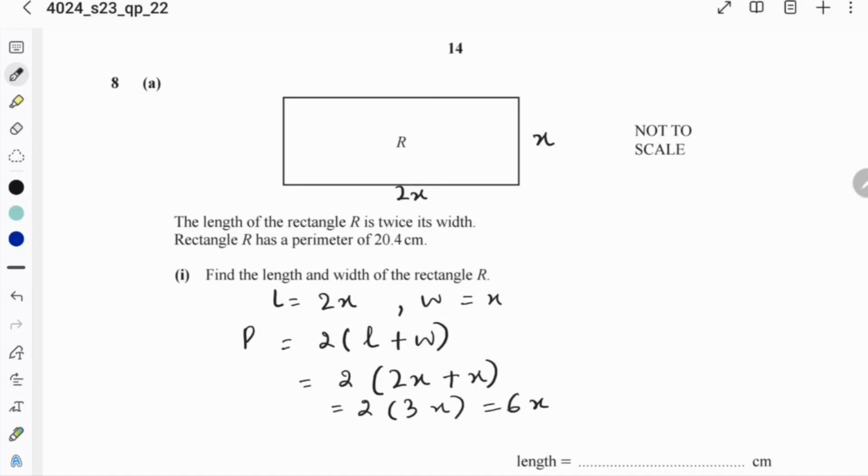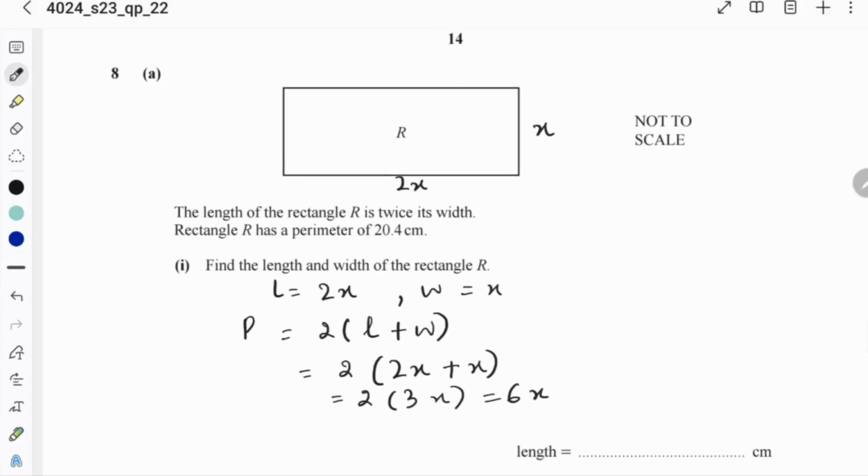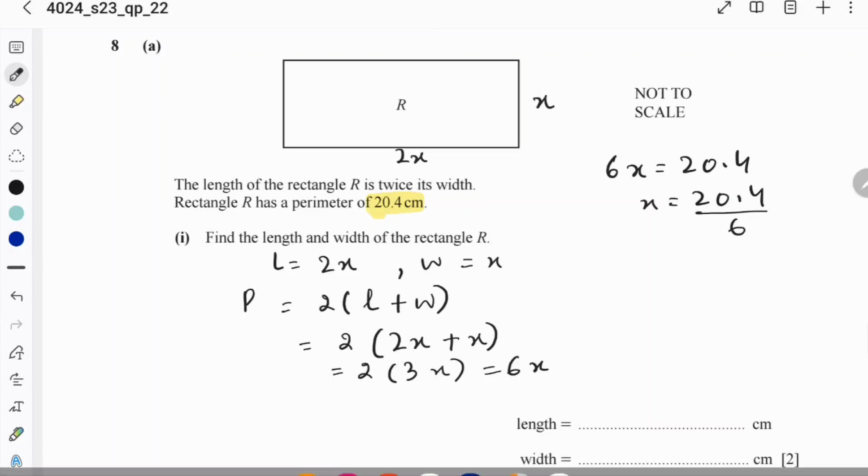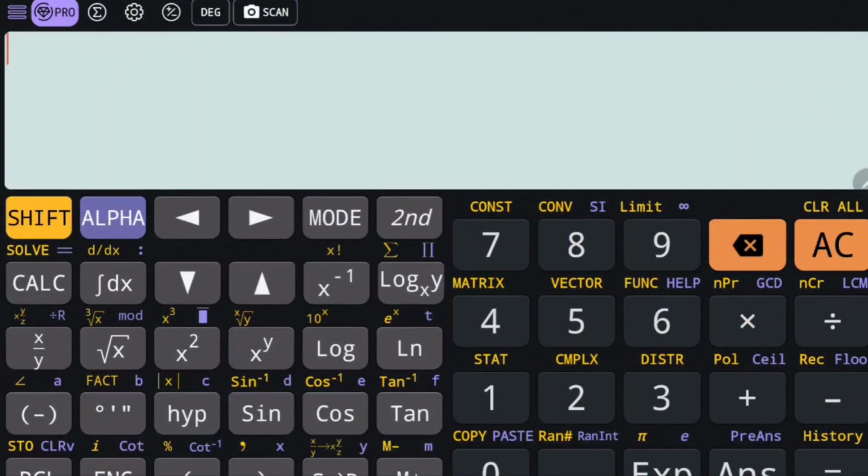So the perimeter is 6x. It's given in the question that the perimeter is 20.4. So 6x equals 20.4, and x equals 20.4 over 6. So 3.4 centimeters is the value for x.